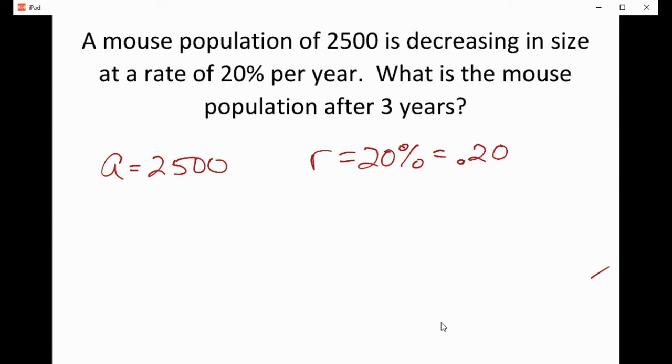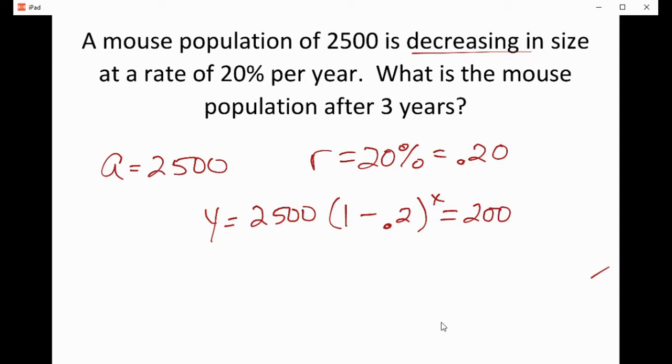And then my equation is going to be y equals 2,500 times 1, and this time it's minus because it's decreasing in size, 0.2 to the x power, which is 2,500 times 0.8 to the x.